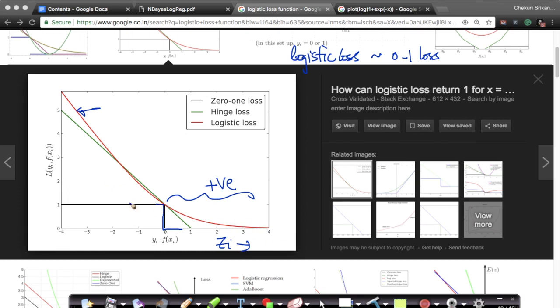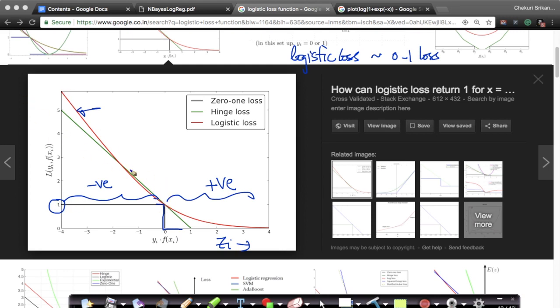But as zi becomes negative, like this is the negative region, in the negative region, your 0, 1 loss always gives a value of +1, while your logistic loss function is saying, if a point is misclassified, I will not always give it a loss of +1. I will give it a loss which is like this.